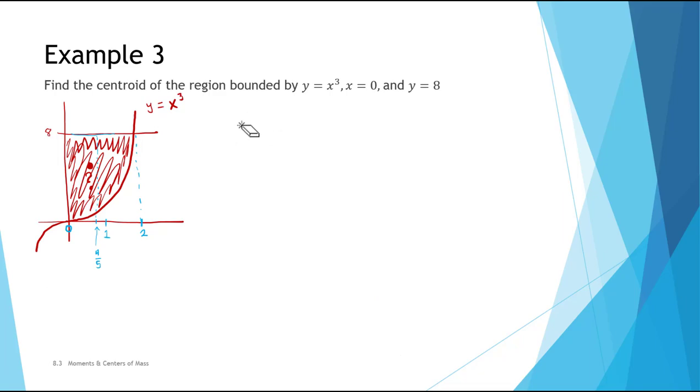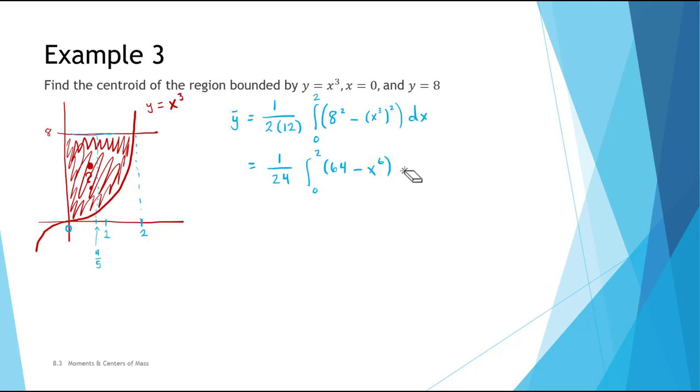To find the y-coordinate of the centroid, we remember our formula. We take 1 divided by 2 times the area, which is 12. We integrate from a to b, or 0 to 2 in this case. And at this point, our integrand is the top function squared minus the bottom function squared. So we have 1 over 24 times the integral from 0 to 2 of 64 minus x to the 6 dx.